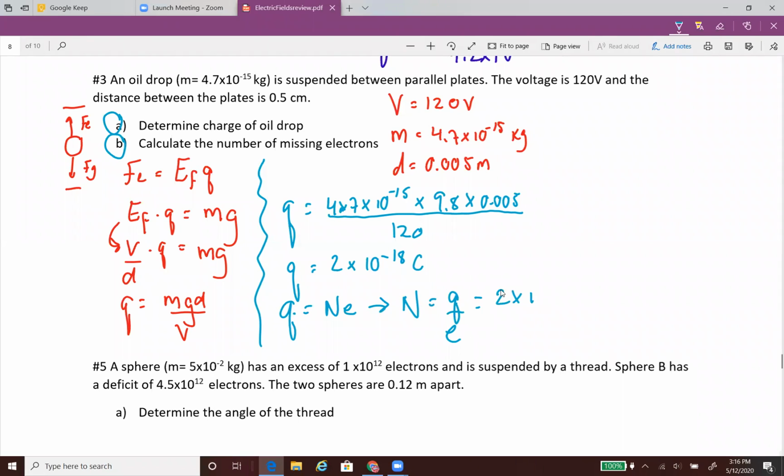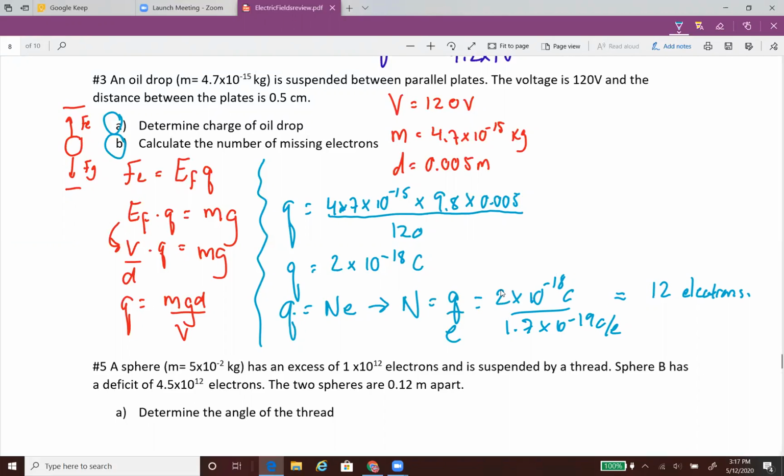So 2 times 10 to the minus 18 over, I'm going to round up to 1.7 times 10 to the minus 9 coulombs per electron. It gives you about 12 electrons. I believe it's around 12.